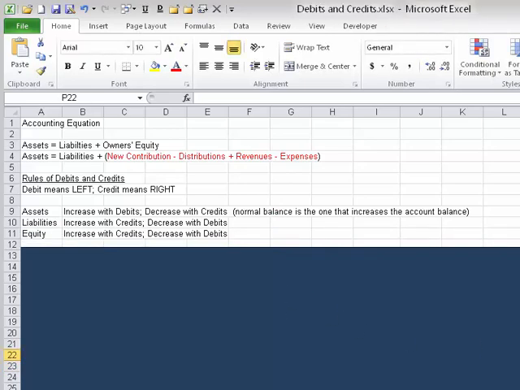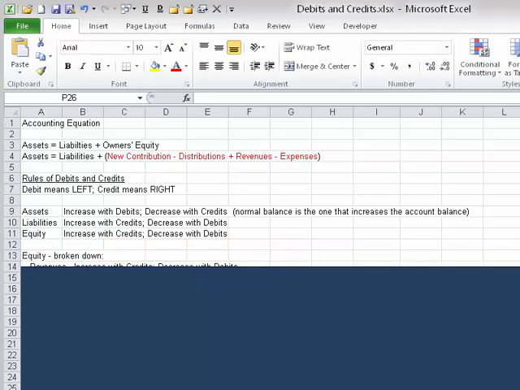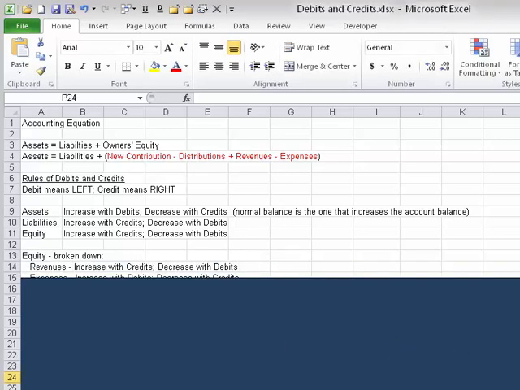Equity behaves just like a liability, and we would expect it to because it's on the same side of the accounting equation. The equity increases with a credit and it decreases with a debit. Okay, so now we can break the equity down into its component pieces. We'll start with the first one, revenues.